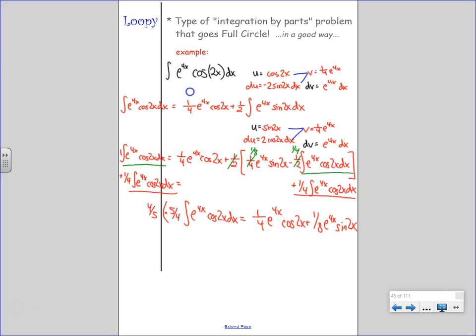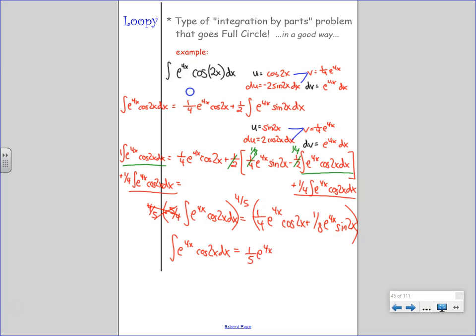So the integral of e to the 4x cosine of 2x dx is equal to, look, we did it. Multiply those by 4/5, which is going to end up being 1/5.